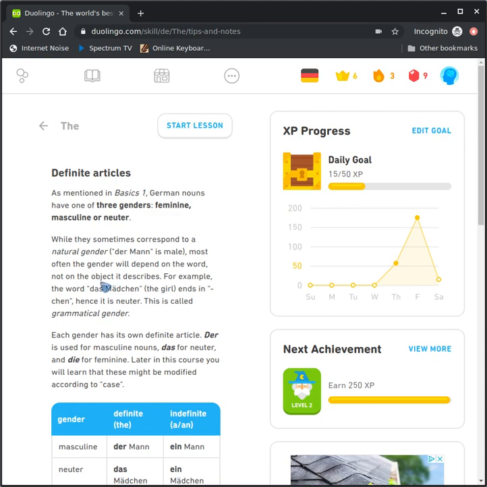For example, the word das Mädchen, the girl, ends in chen. Hence, it is neuter. I think I really went over that in one of the previous walkthroughs.